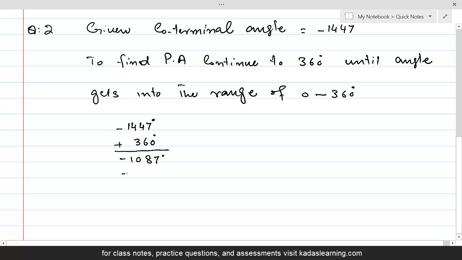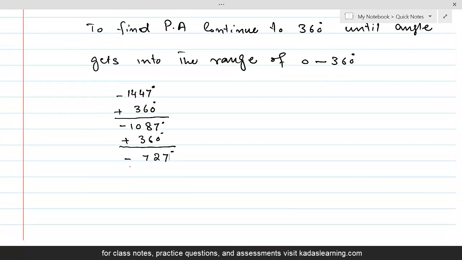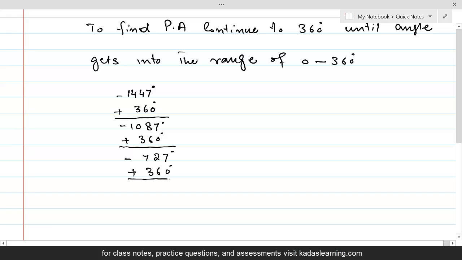So let's add 360 more. And if we add 360 more, we will get as a result minus 727. It's still not in the range 0 to 360, so let's add 360 again, and this time we are going to get minus 367.